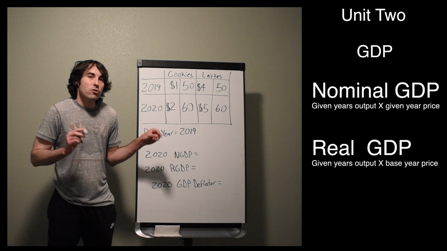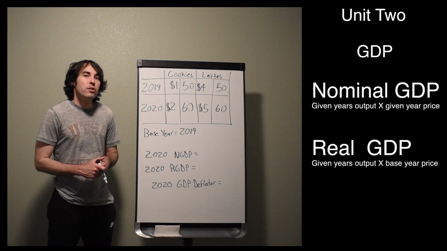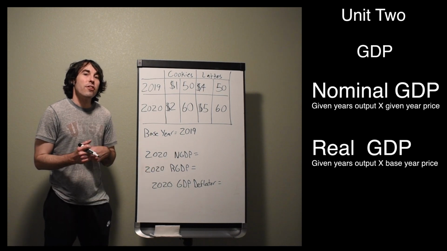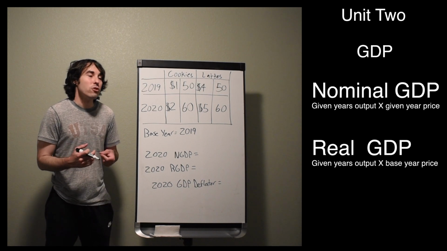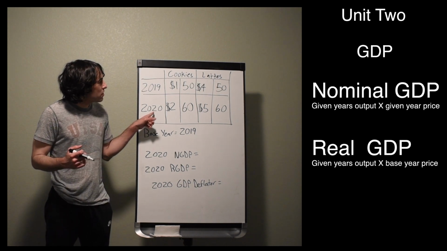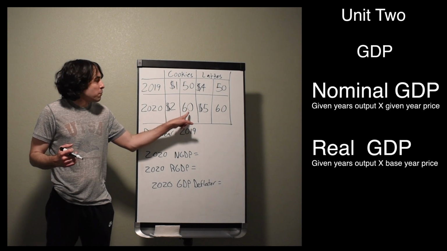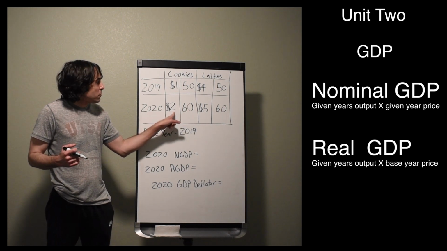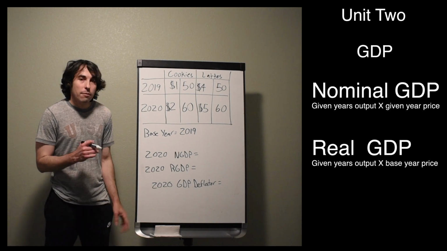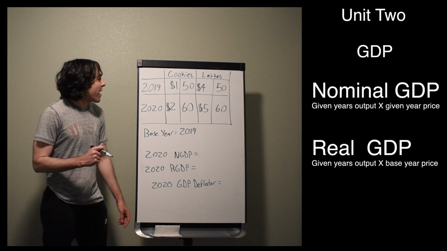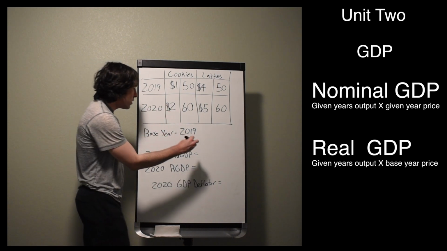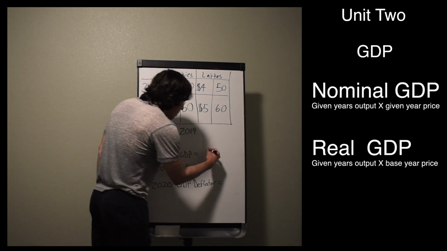To calculate our nominal GDP, it's a given year's output times the price that that good cost in the year that you're looking at. So for 2020, to calculate nominal GDP, we had 60 cookies of output, that's how much cookies we made that year, times $2, how much a cookie cost in that year. So 60 times 2 is going to come out to $120.